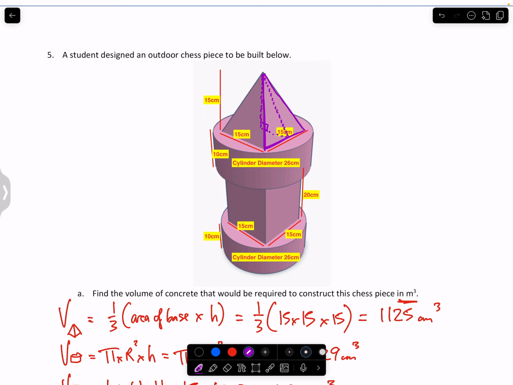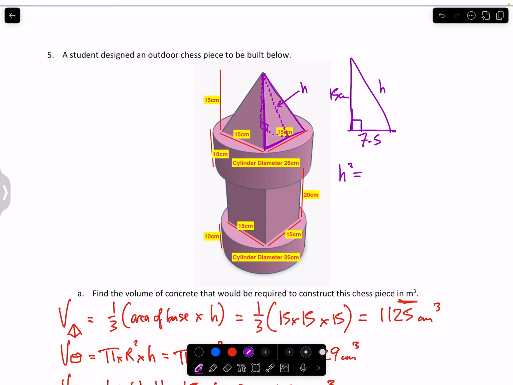So if I drew that inner triangle, what is it going to look like? Let's call this the H that we want to find. It's 15 centimeters tall, but the bottom is only going to be half of the width of the pyramid, which is 7.5.